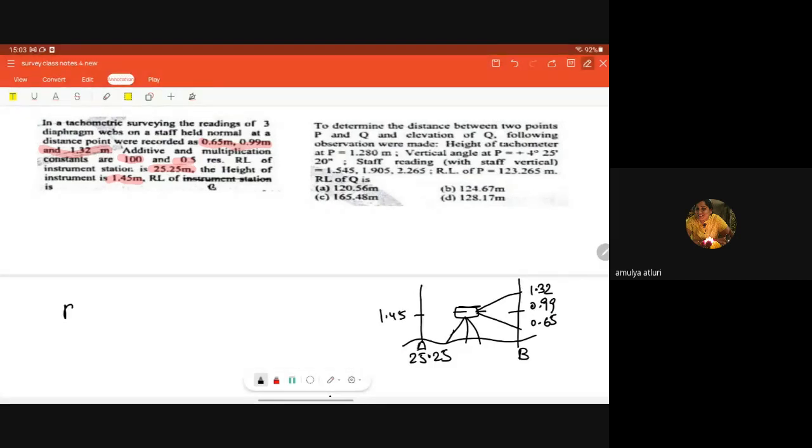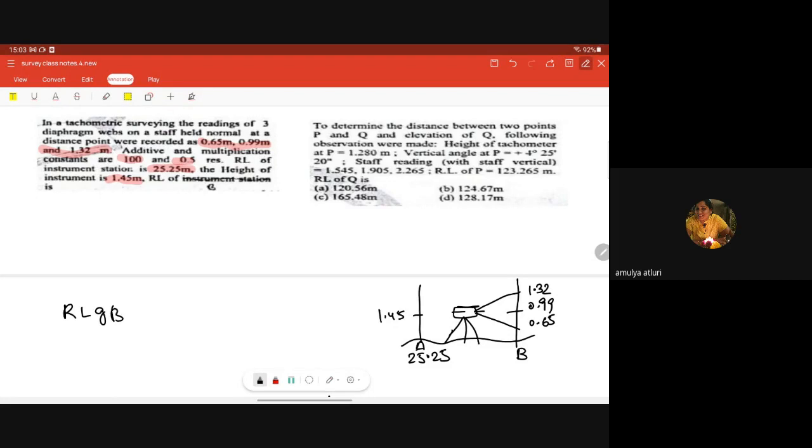Okay, so RL of B is equal to, how much is that? First, this RL at A 25.25 plus height of the instrument, right? 1.45 minus, we need to take this one, right? 0.99.